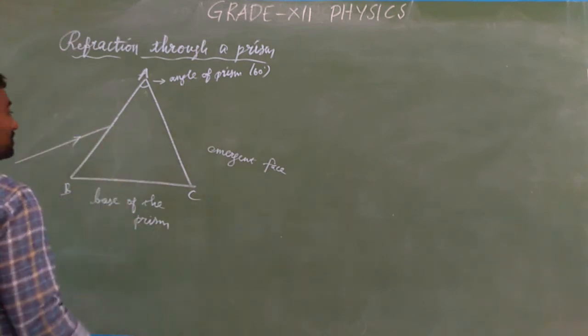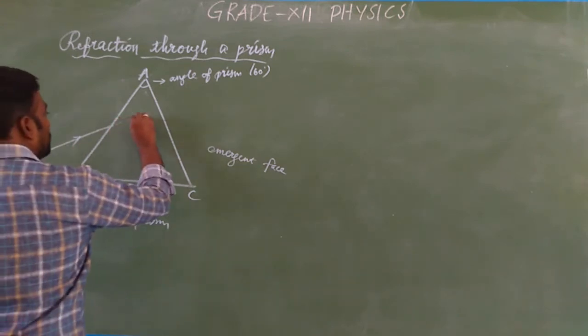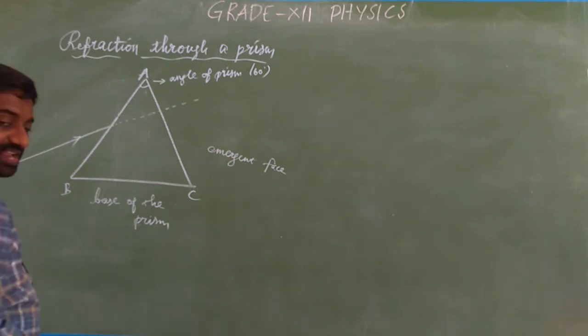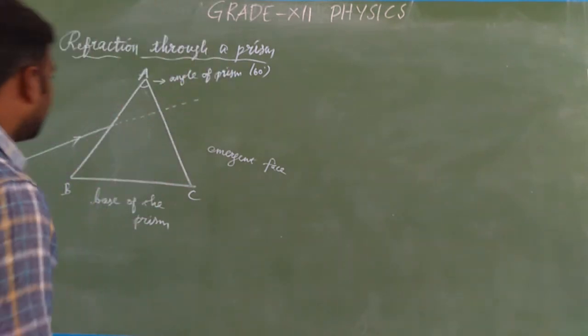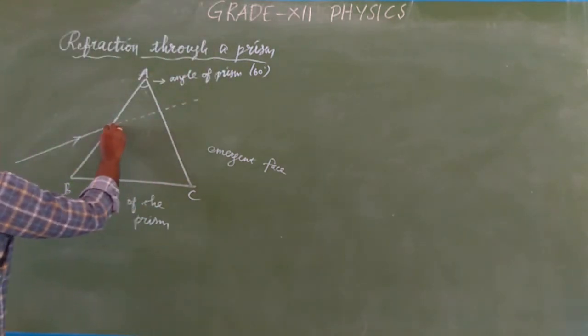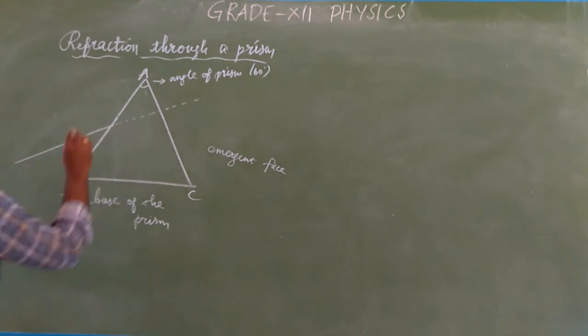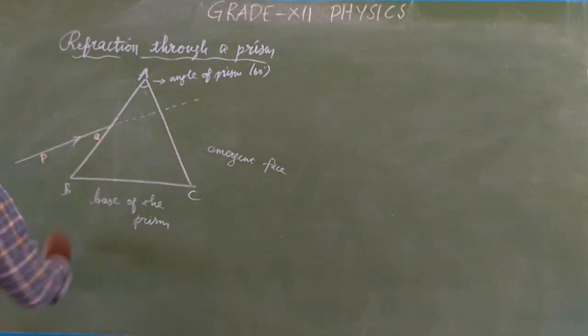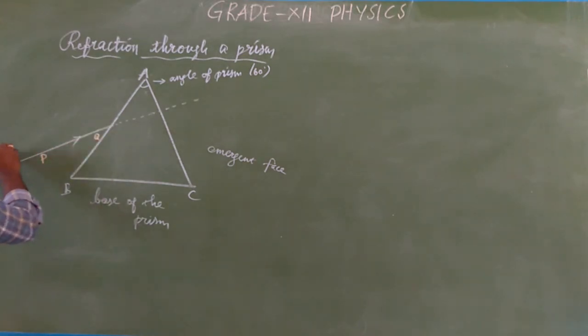If there is no glass prism, the light would go straight. But what happens? The ray gets refracted from the point of incidence. This is the point of incidence, Q. PQ is the incident ray.